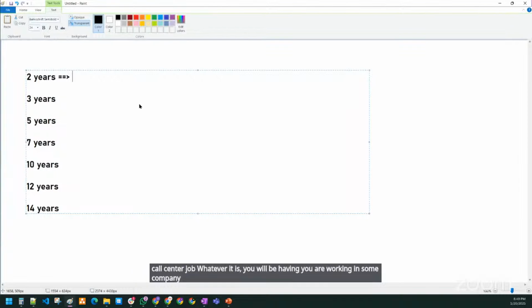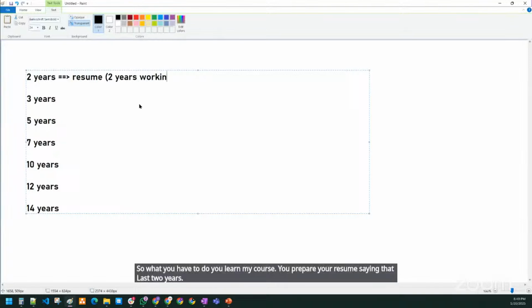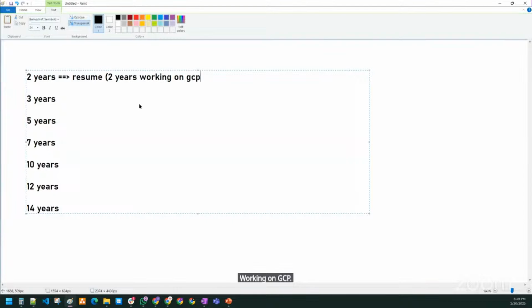So what you have to do, you learn my course, you prepare your resume saying that last 2 years working on GCP or Azure, GCP plus Azure or GCP or whatever it is. I say GCP or Azure because we are covering both. And prepare your resume and go for the interview. So this is how you have to do it, guys.